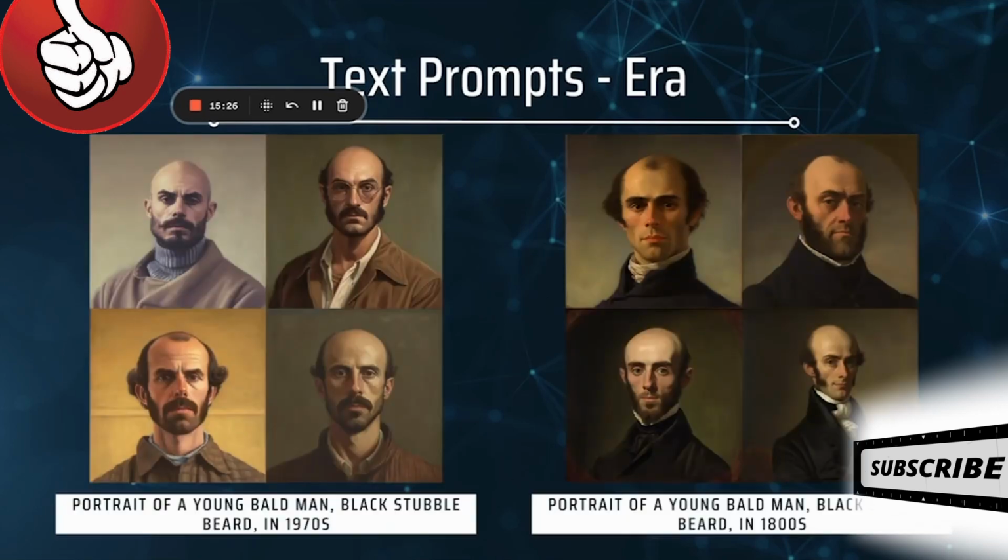So on this, portrait of a young bald man, black stubble, beard in 1970s. And yes, that is 1970s. So you need to make sure that's 1970s. Or you could be even more specific, like 1971, but I recommend you saying the 1970s. The next one is a portrait of a young bald man, black stubble beard in the 1800s.